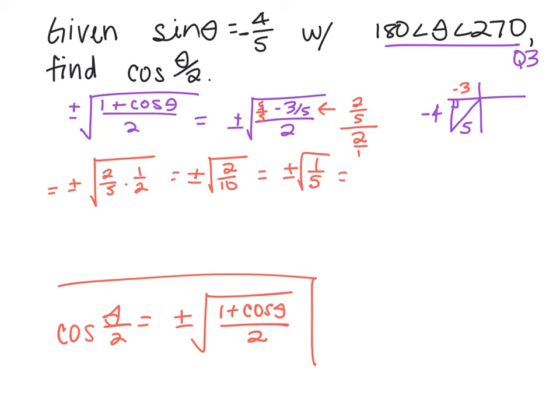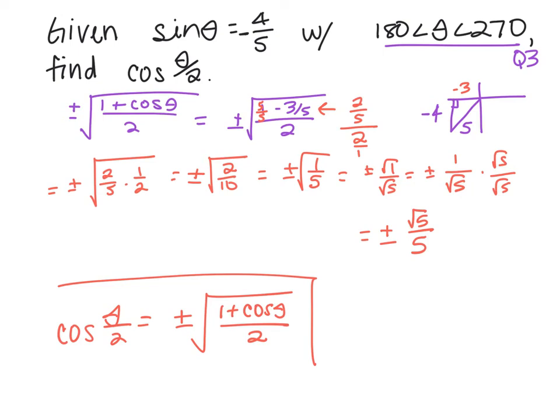So technically, this is plus or minus root 1 over root 5. Whenever you have a radical, you can separate it out. The square root of 1 is just 1, so we're at plus or minus 1 over root 5. Rationalize this for ourselves, root 5 over root 5. And we get that cosine of theta over 2 is plus or minus root 5 over 5.